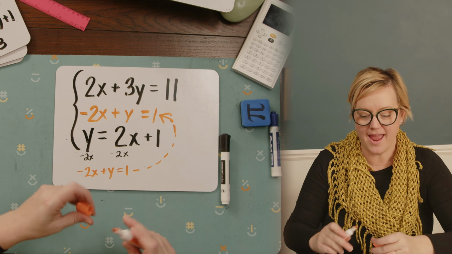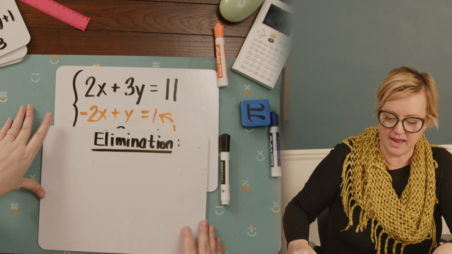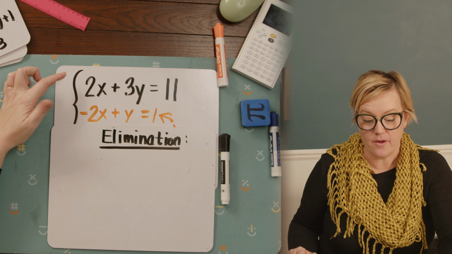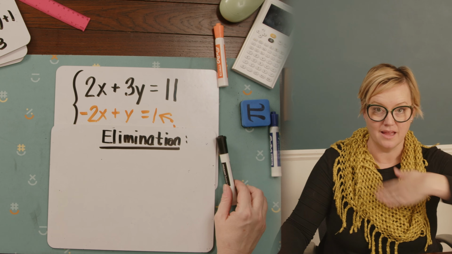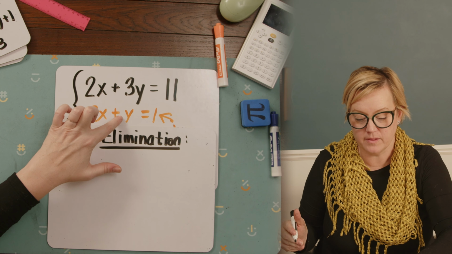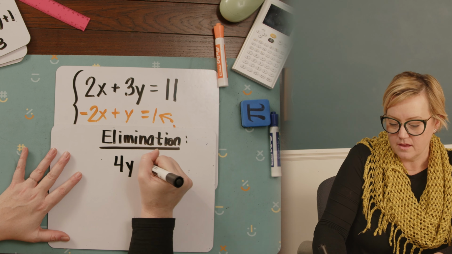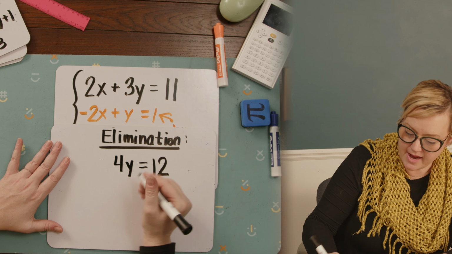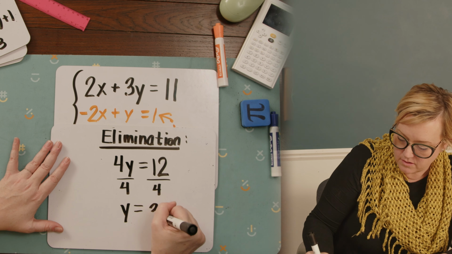Now I can add them together. And what's going to cancel out? The 2x's, right? 2x minus 2x, the x's are out of there. Then I've got 3y plus y, which gives me 4y equals 11 plus 1, which is 12. Then I divide by 4, and I get y equals 3.